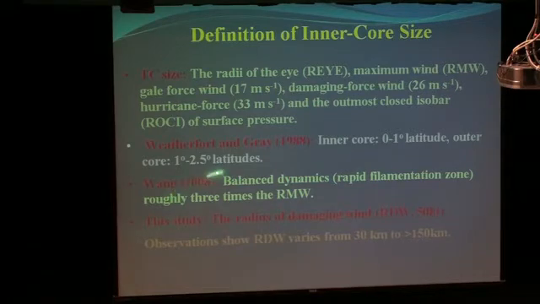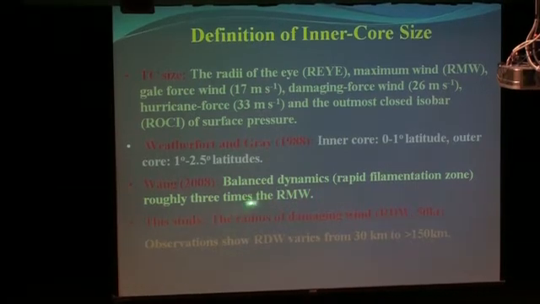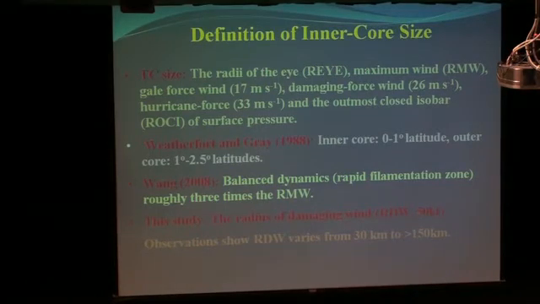So what I proposed in my 2008 paper is that, to balance the dynamics, if the inner region of the storm, the balanced dynamics, can describe most of the dynamics, that's roughly 3 times the radius of maximum wind. I can define this as the inner core region. In the inner core region, normally the filamentation time is pretty short.